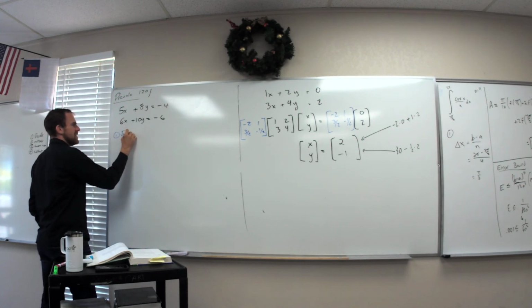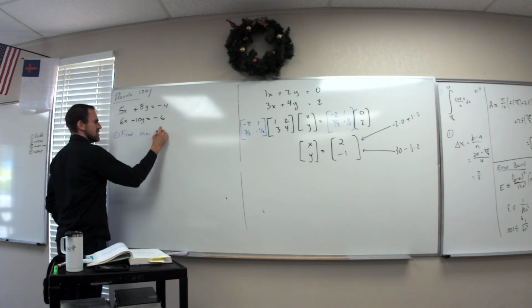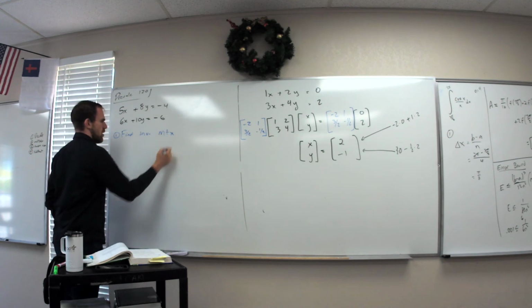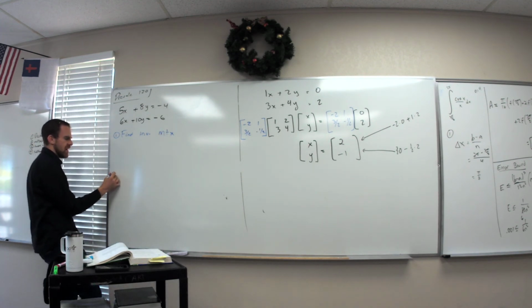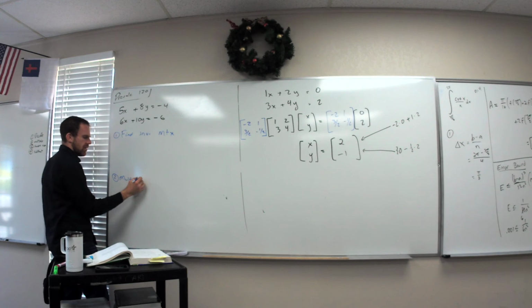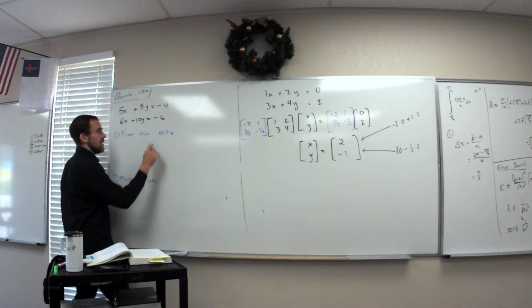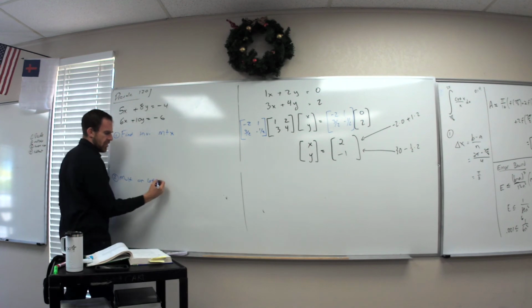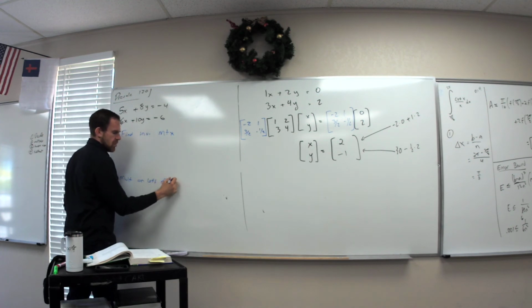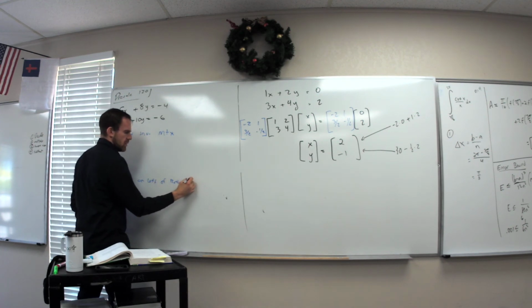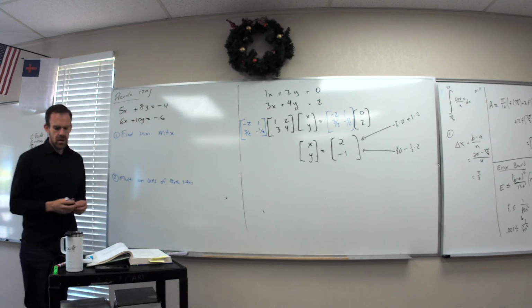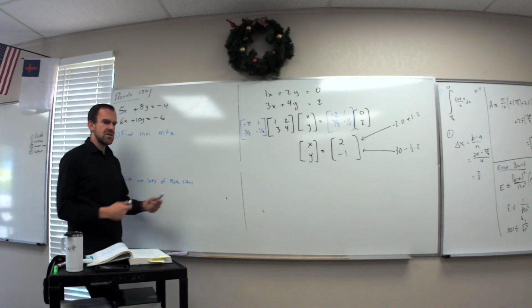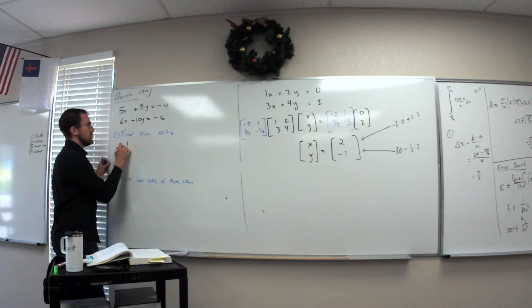Okay, so you're going to find the inverse matrix. Then you're going to multiply it on the left side. You can't multiply on the right side of this because it won't work. So it has to be on the left. So, how do we find the inverse matrix? It's 1 over the determinant.